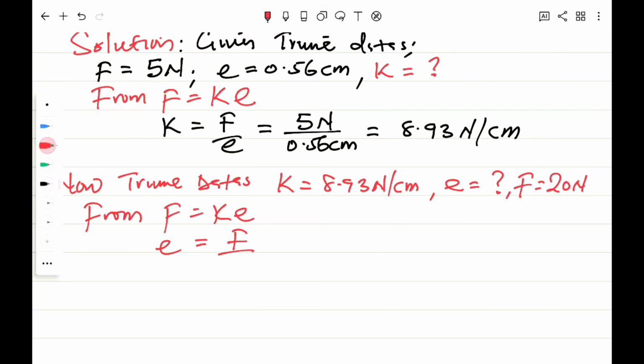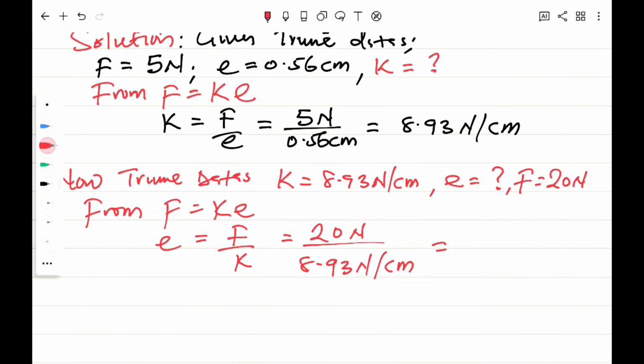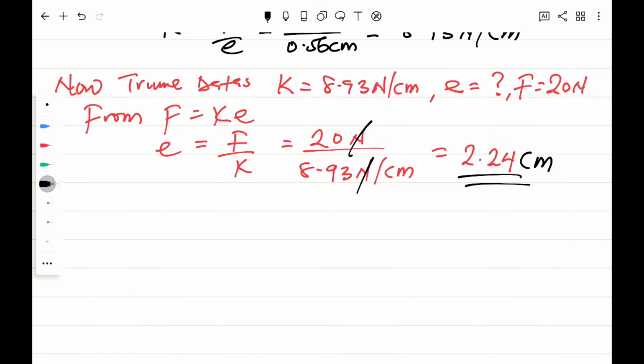So E is equal to F over K. So that 20 over 8.93 Newton per centimeter will give us, if Newton cancels out Newton, then we are left with centimeters. Are you here? It gives us 2.24 centimeters. 2.24 centimeters is our answer.